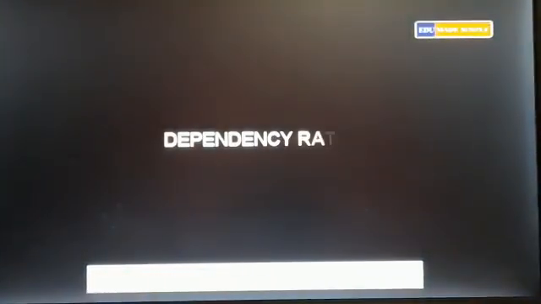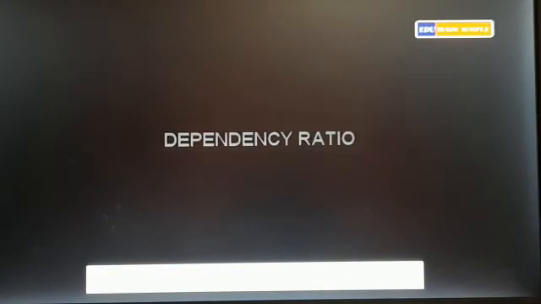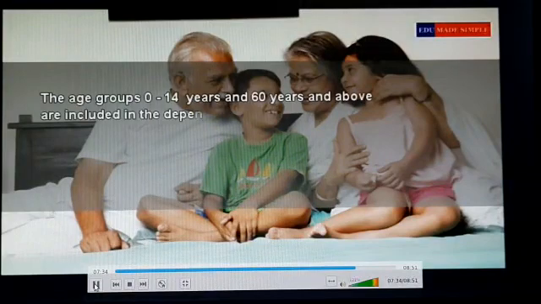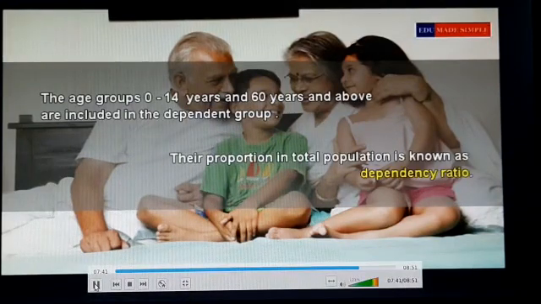Another term related to population structure is dependency ratio. The age groups 0 to 14 and 60 years and above are included in the dependent group. The proportion of them in total population is known as dependency ratio. This group depends on the working force of the country.